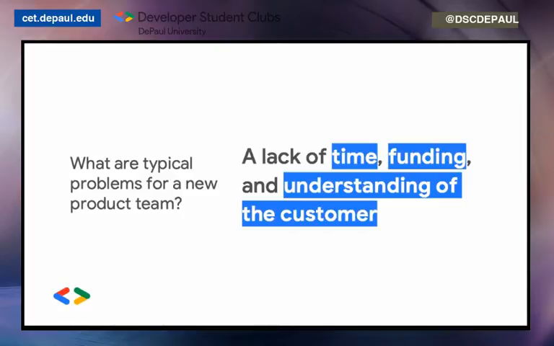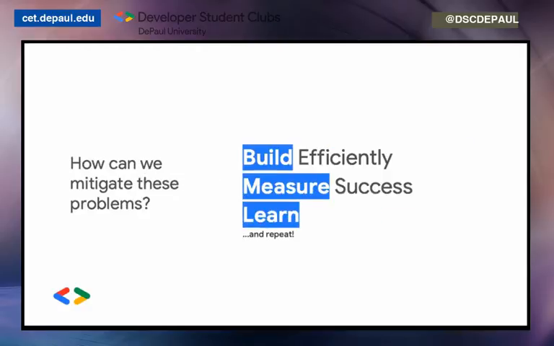So how do I solve this problem? I have all these constraints, but still I'm passionate about shipping my product. How do you go about it? And also, how can we mitigate these problems?